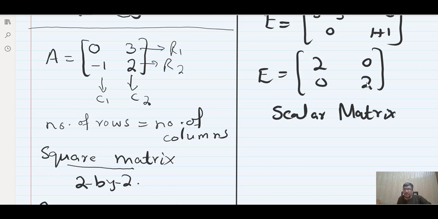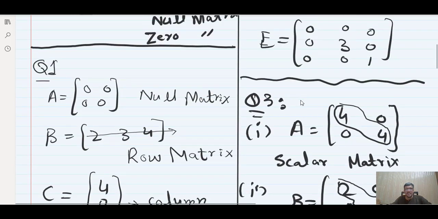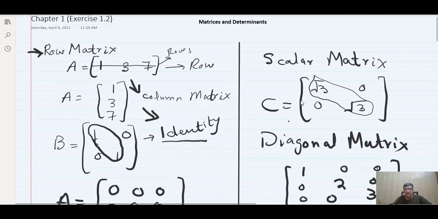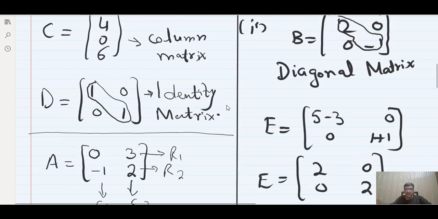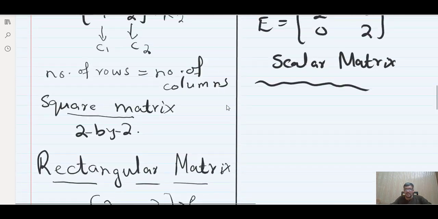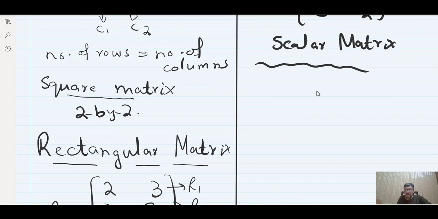So I hope you are clear about the first three questions, and in this session we have to discuss only the first three questions of exercise 1.2. If you have any question related to questions 1, 2 and 3 of exercise 1.2, you may ask me, and I hope it is clear to you as well.